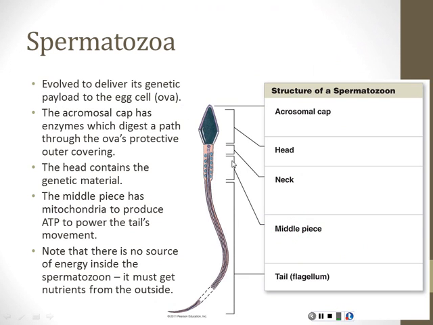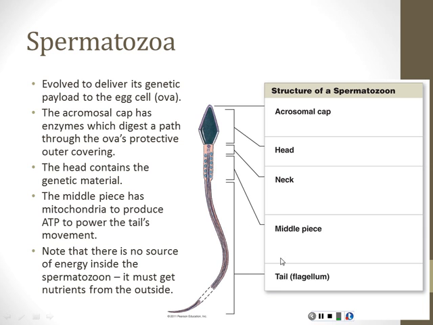The middle piece is kind of the engine of the spermatozoa. It's got a whole bunch of mitochondria surrounding the beginnings, the core of what comes out as the tail. So tons of mitochondria create the ATP that's then going to make this tail wag to cause the swimming motion.